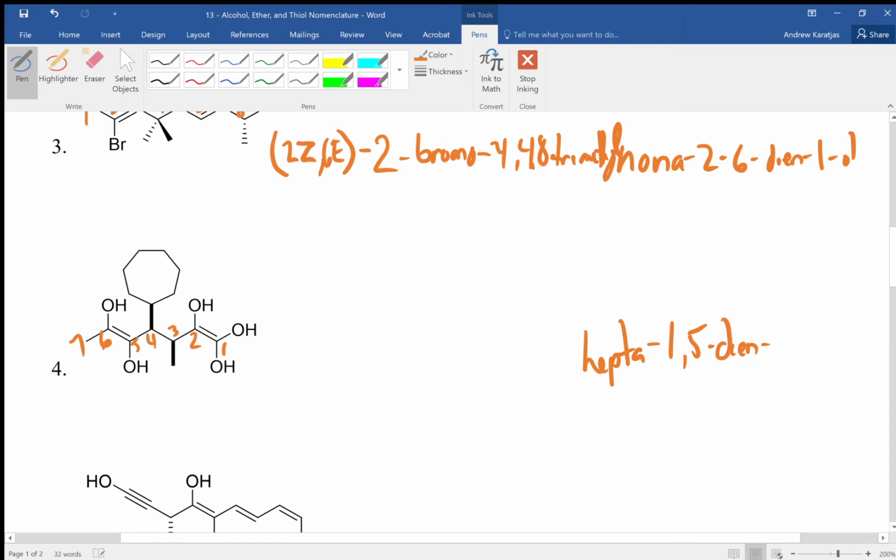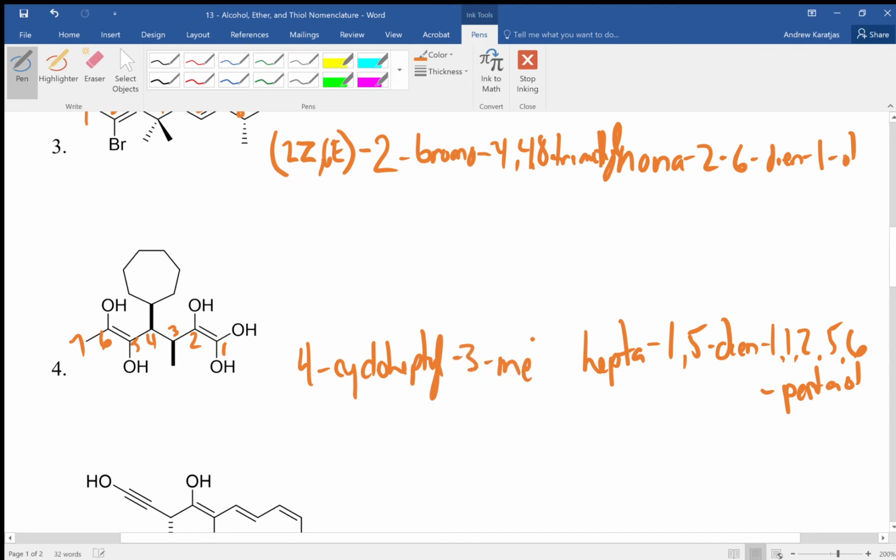And then there's 5 alcohols at 1, 1, 2, 5, 6, so that's 1, 1, 2, 5, 6 pentaol. Our substituents, carbon 4 is a 7-membered ring, so that's 4 cycloheptyl, and then 3 methyl.